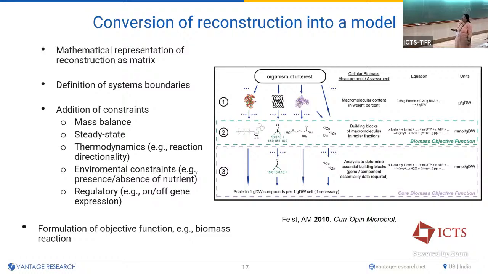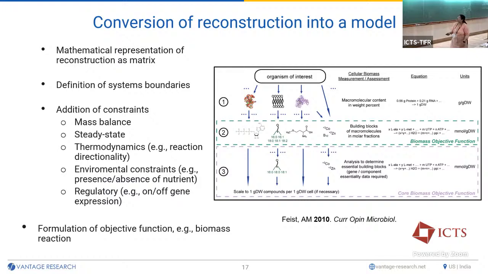This particular paper gives you an example of E. coli. Even designing the biomass objective function for E. coli is slightly tricky. You have to consider a lot of factors in order to form a new cell. What are the essential metabolic components that should go in, right from the level of micro to that of macro level information?